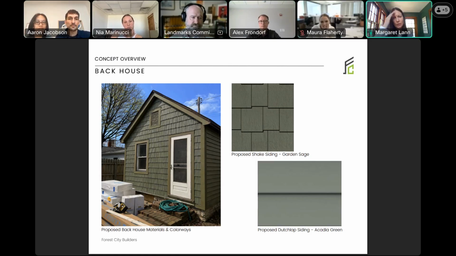So I can make that motion. And let me make sure I'm getting this right. We're making a motion to approve as presented, but with the recommendation that at least the front facade siding be smooth and not textured. I will second.